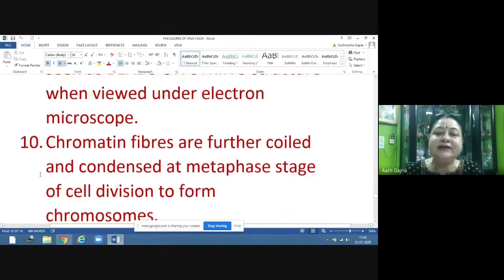Chromatin fibers are further coiled and condensed at the metaphase stage. If you remember, in cell division, at the prophase stage, the genetic material starts condensing, and at metaphase it is further coiled to form the chromosomes.